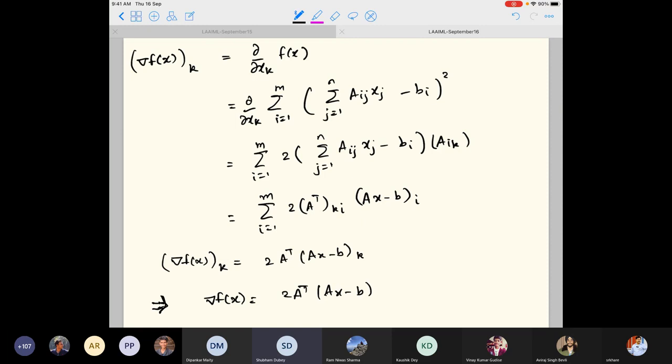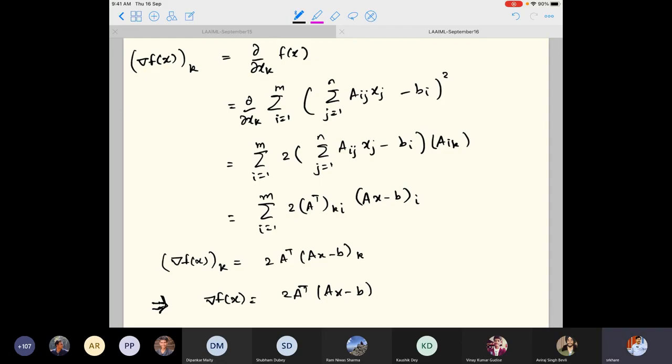So how did you write the ith element of Ax minus b? How will you calculate the ith element of Ax minus b? You will have the ith row of A multiplied by x, minus bi. Shubham, are you following? Yes, sir.